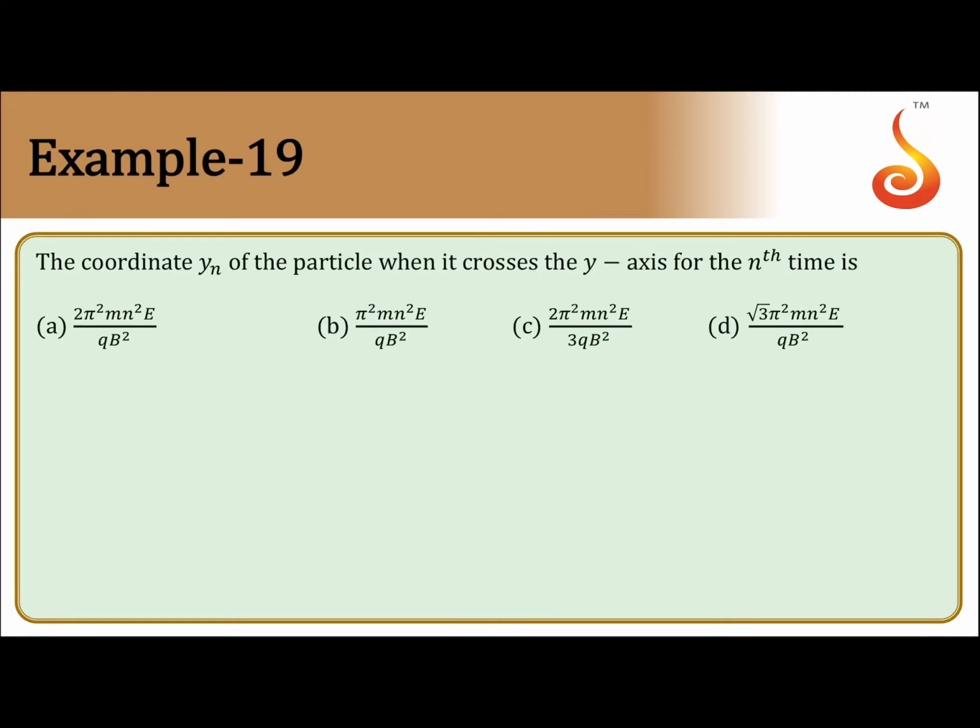So what will be the coordinate yn of the particle where it crosses the y axis for the nth time? So we can write it like this: acceleration in the y direction, that will be because of the electric field and will be a constant, because a uniform electric field is there.